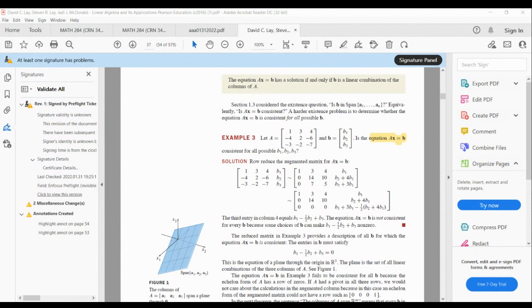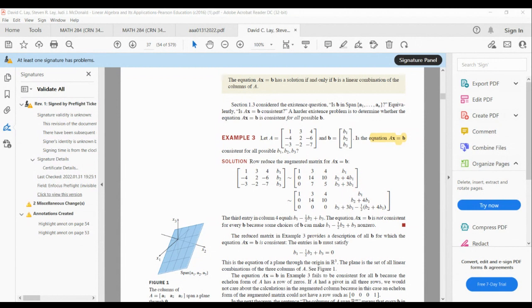That's equivalently what they're asking in example 3. If that matrix equation, Ax equals b, has a solution for all possible b1, b2, b3, that means any vector in three-dimensional space can be written as a linear combination of the column vectors of the matrix A.